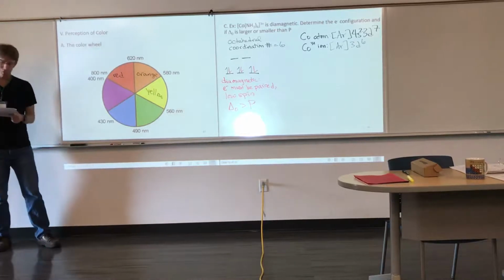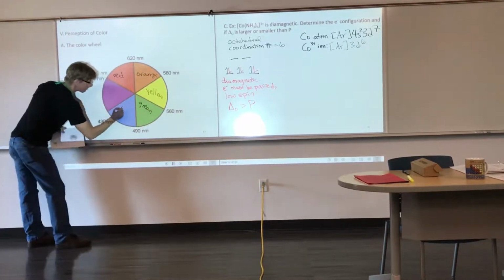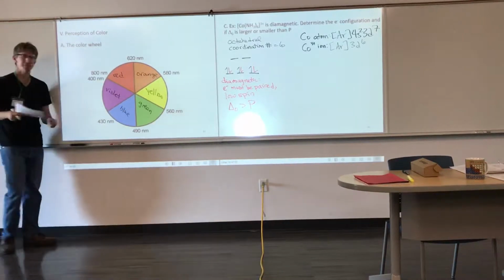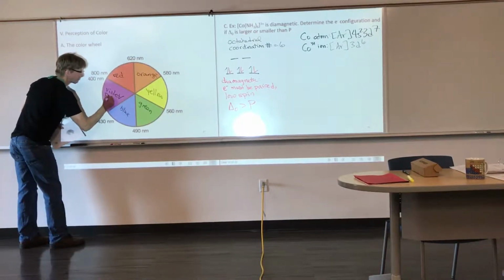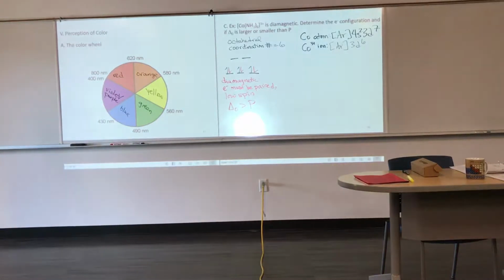Red, orange, yellow, green, blue, violet. And of course, anytime you break colors into just 6 colors, these are a very broad classification, but these are the 6 that we'll use.